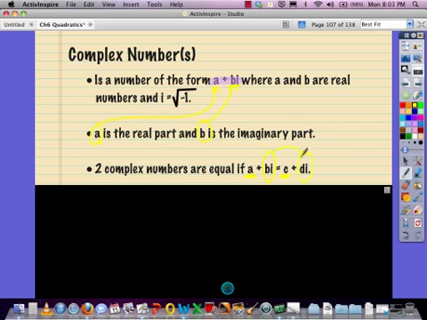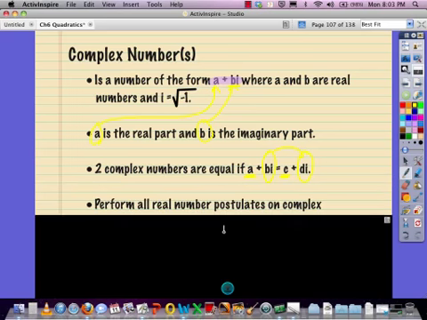That does not mean they have to be the exact same number, but as long as their values are equivalent. An example would be if a was 6 and c was 12 over 2. When you reduce that 12 over 2, you do get 6. So they don't have to look identical, but their values must be identical.